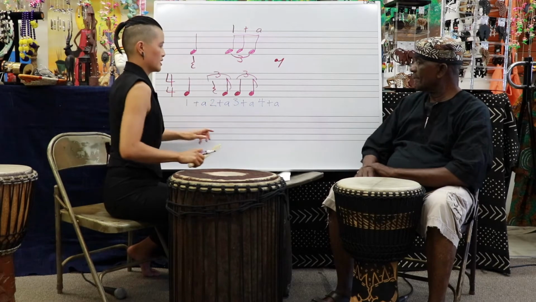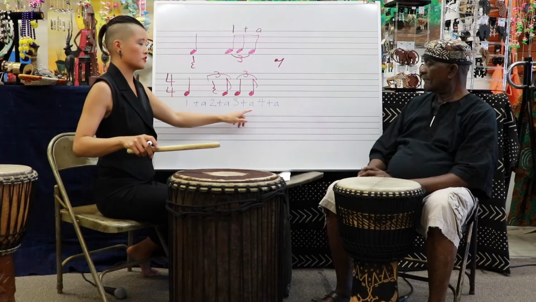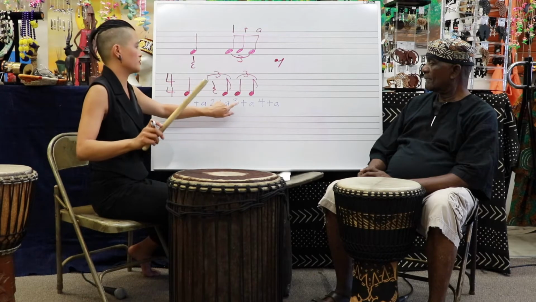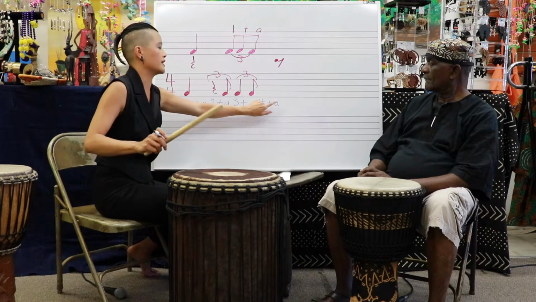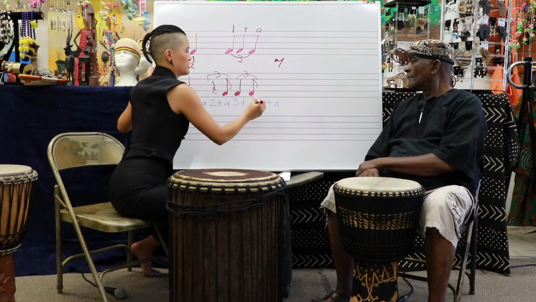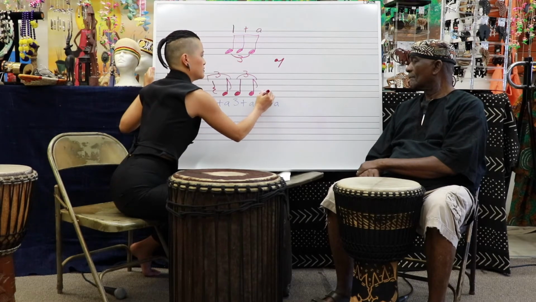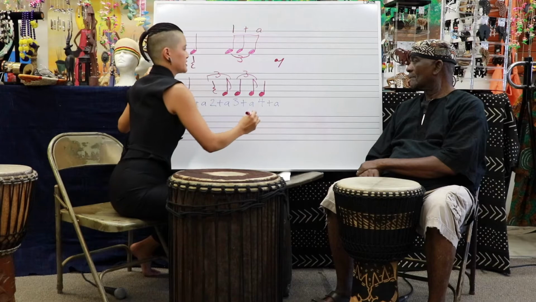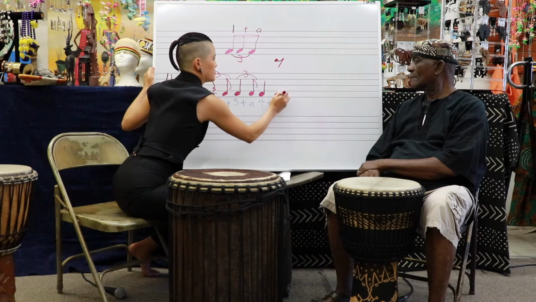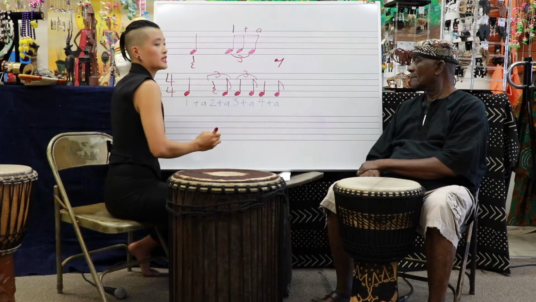Now the fourth beat, starting from the beginning again. 1 and 2 and 3 and 4 and. So again, like the third beat, you have a quarter note that's equal to 2 eighth notes, and then on the a you get another eighth note.